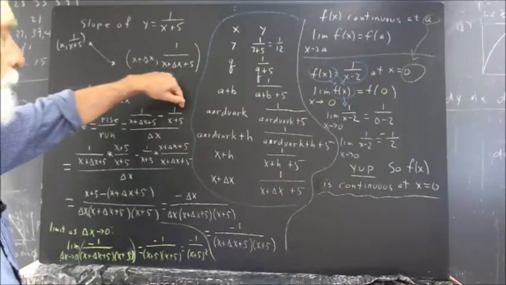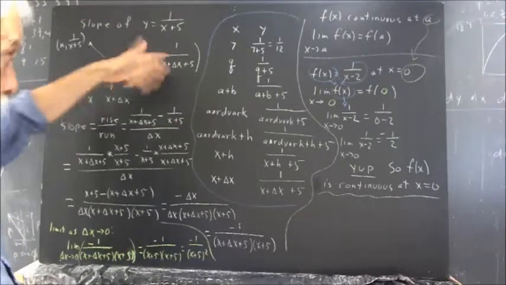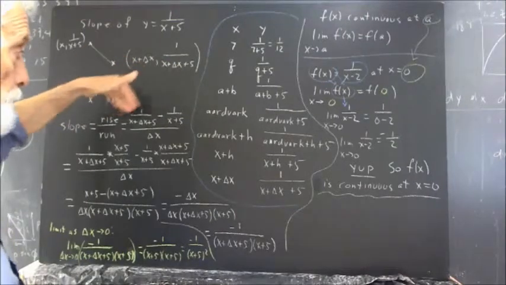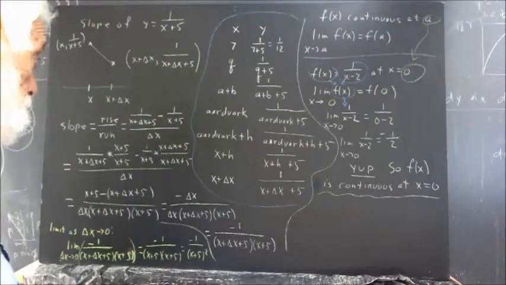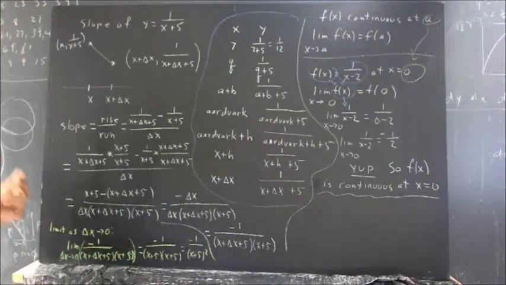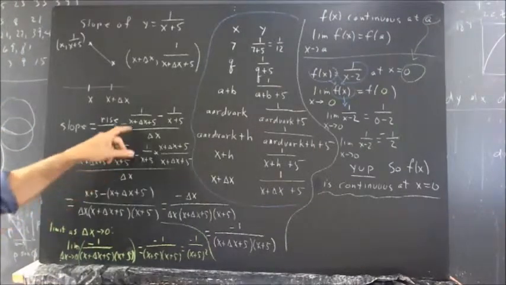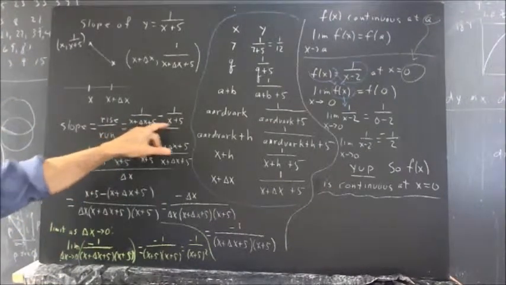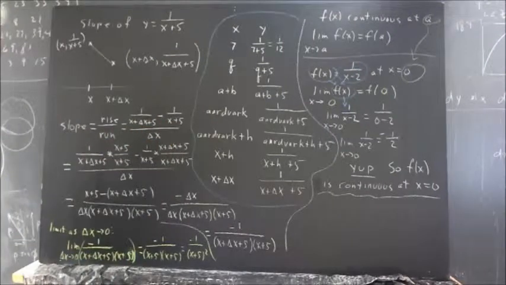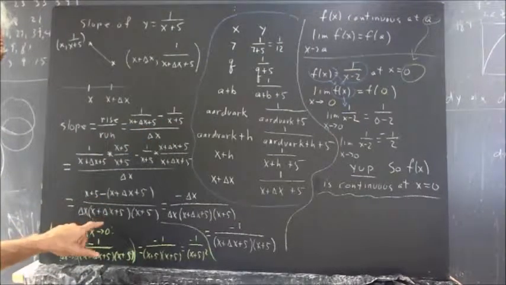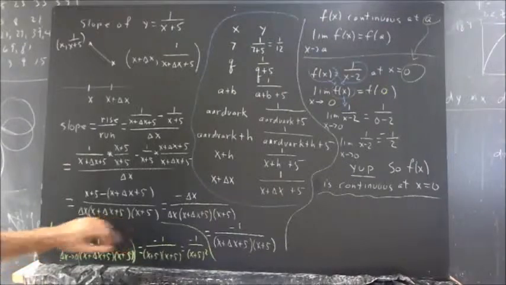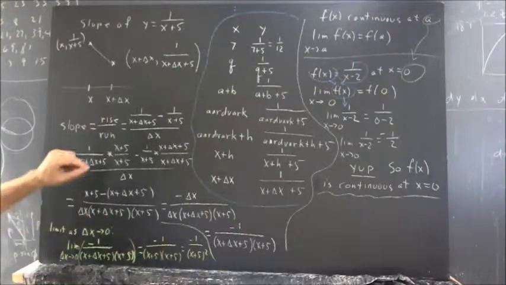Well, we can do this subtraction. Just find a common denominator and express this in terms of the common denominator. Our common denominator is going to be x plus delta x plus 5 multiplied by x plus 5. Ignore the delta x for a minute, we'll explain that.